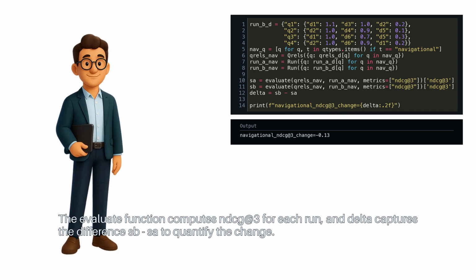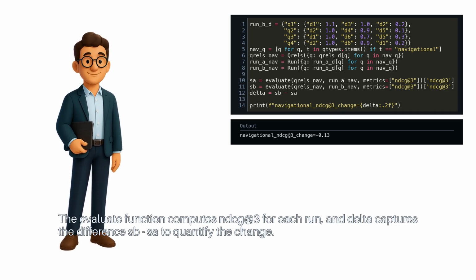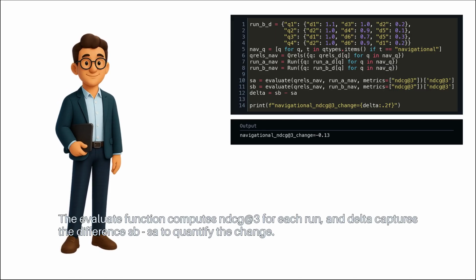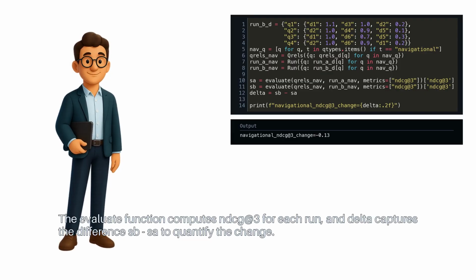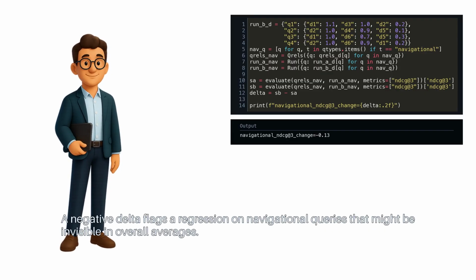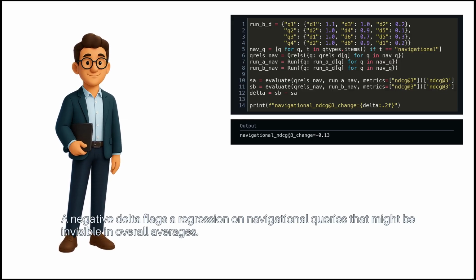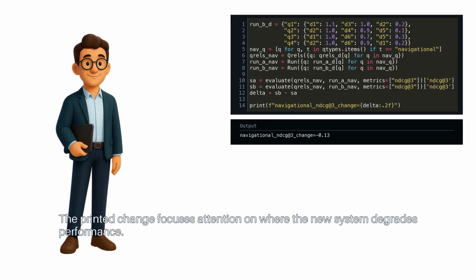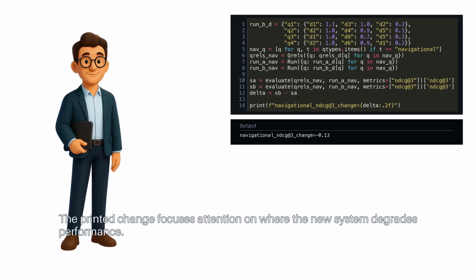The evaluate function computes NDCG at 3 for each run, and delta captures the difference, score B minus score A, to quantify the change. A negative delta flags a regression on navigational queries that might be invisible in overall averages. The printed change focuses attention on where the new system degrades performance.